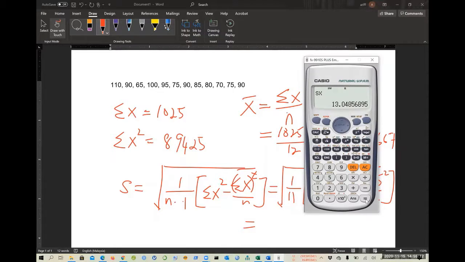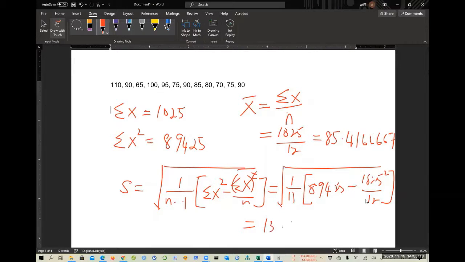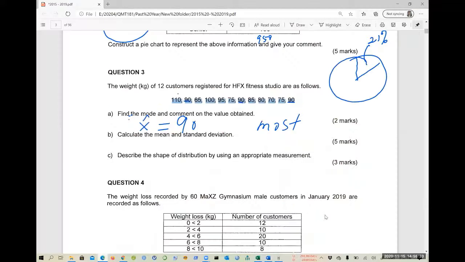So you get this to be 13.0486. Okay, so that is for the standard deviation. All right. So any questions so far? So you get the mean and the standard deviation.